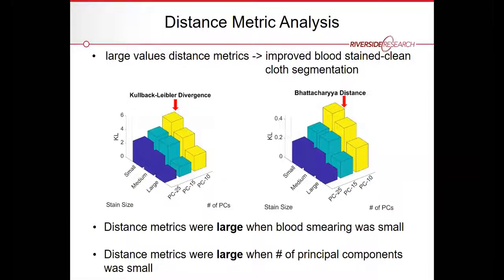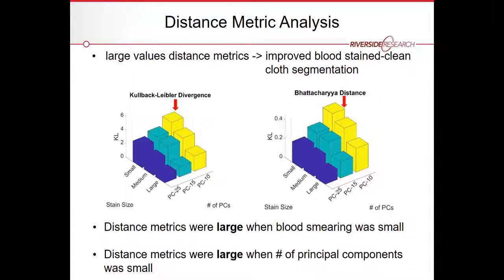That's the stain size. We see a peak in the KLD and the BD when the blood stain is small. We also see a peak in the KLD and BD when the number of principal components is also small. So basically what that's saying is the distance metric is largest when the blood smearing is small.